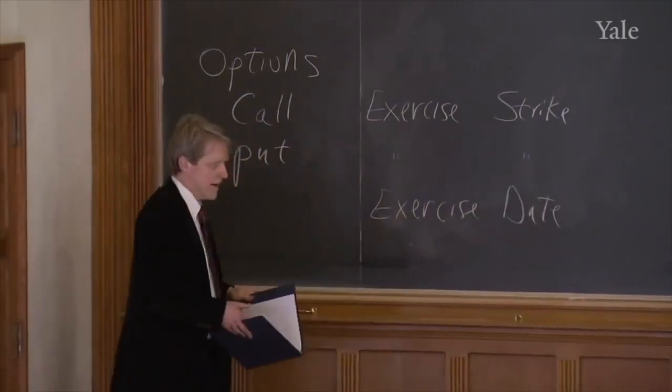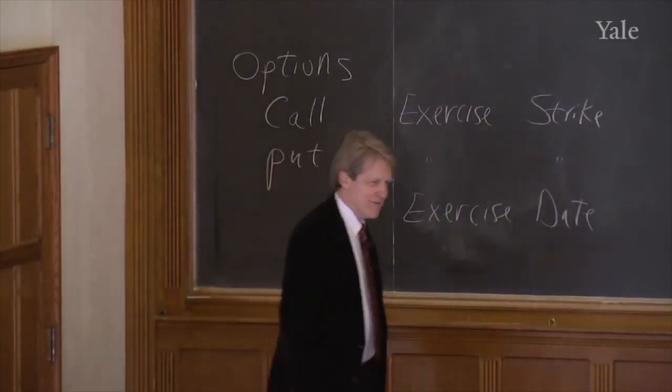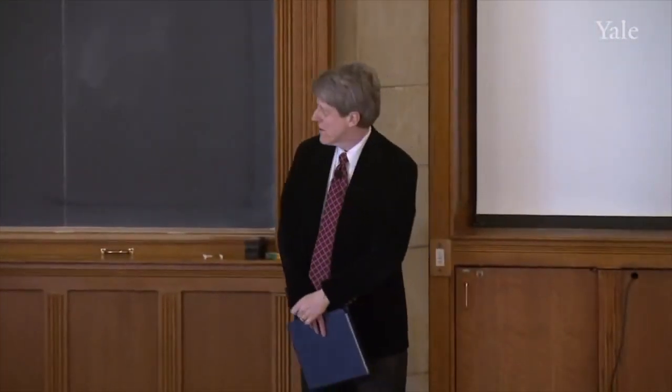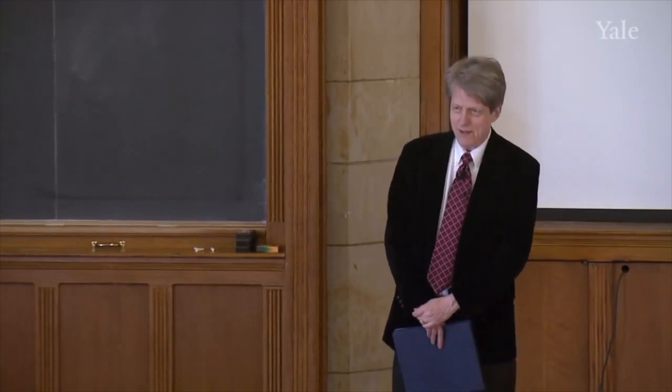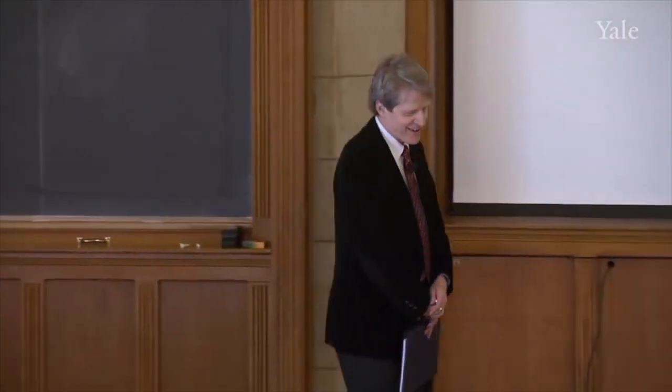Options go back thousands of years. It must have happened before we have any recorded records. If you're thinking of buying something from someone, but you don't want to put up the money today, you go to some lawyer and say, write up a contract. I want to buy an option to buy this thing.